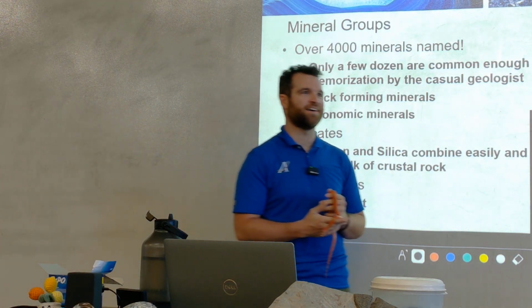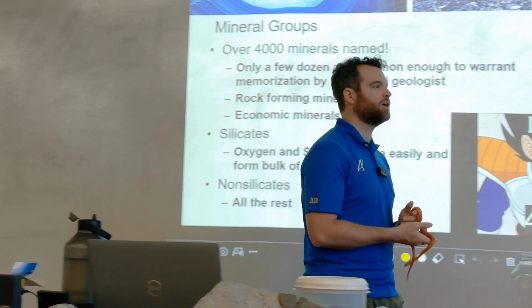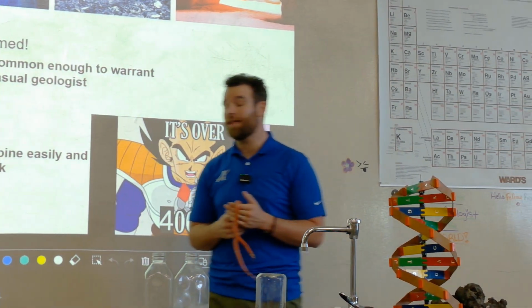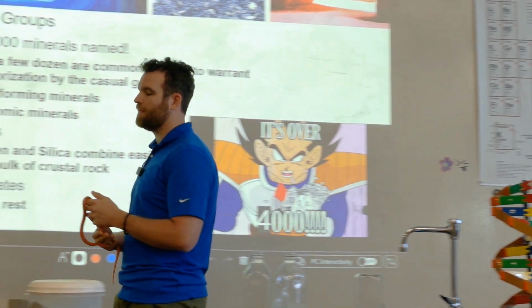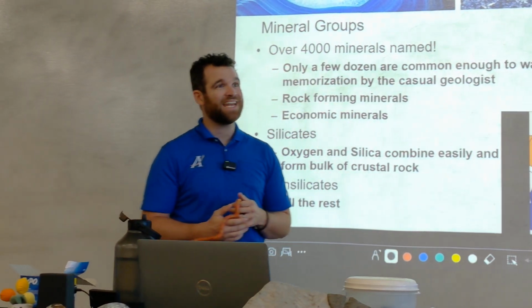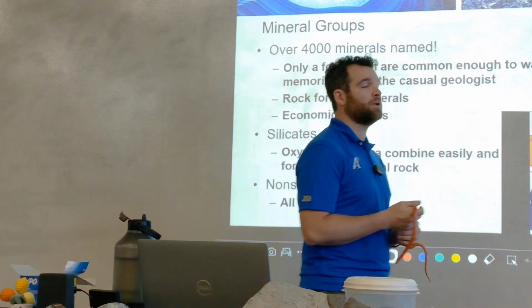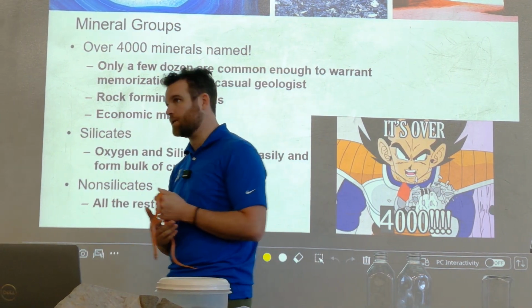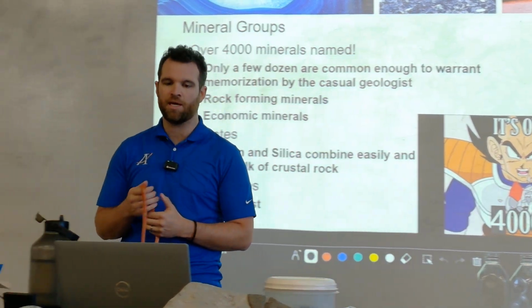Oxygen and silicon, the two most common elements in the Earth's crust. Bingo. Okay, they make up more than half of it. And so any mineral that's based around those two things is going to be a silicate. Anything that isn't, everything else.